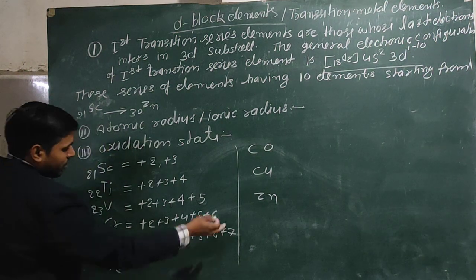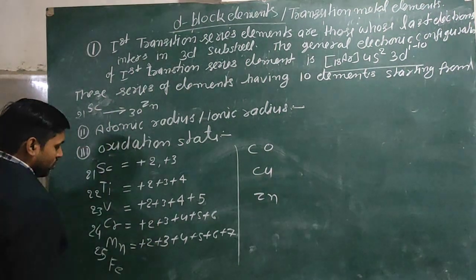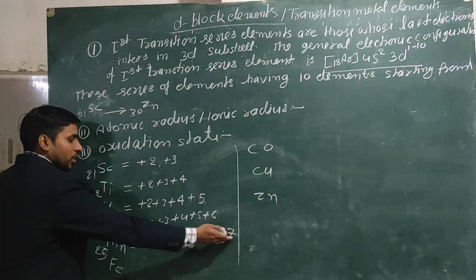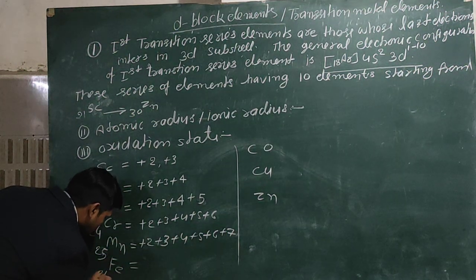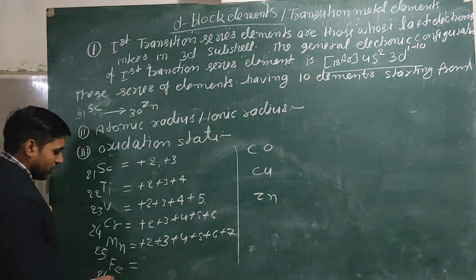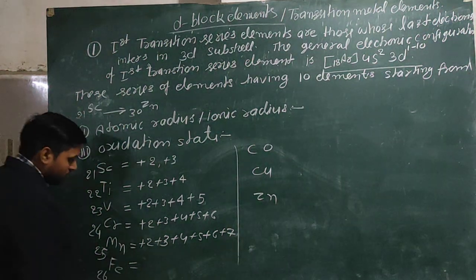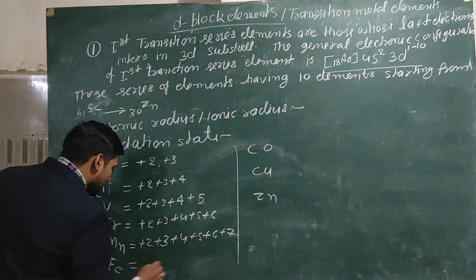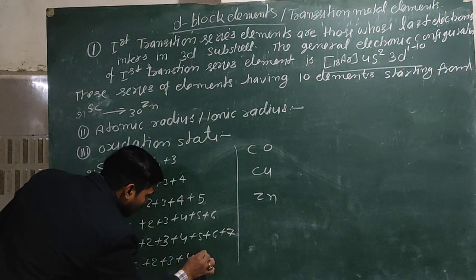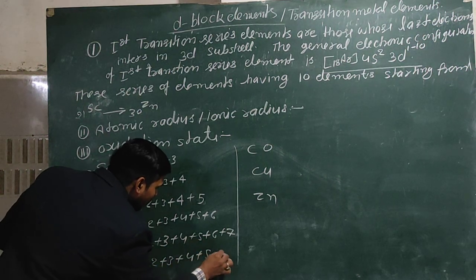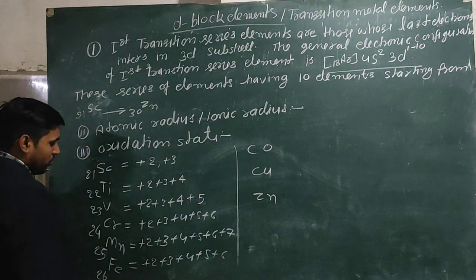The oxidation state of manganese starts from +2 and goes toward +7, and after +7 oxidation state, in case of iron, the oxidation state decreases, starting from +2, +3, +4, +5 and +6.